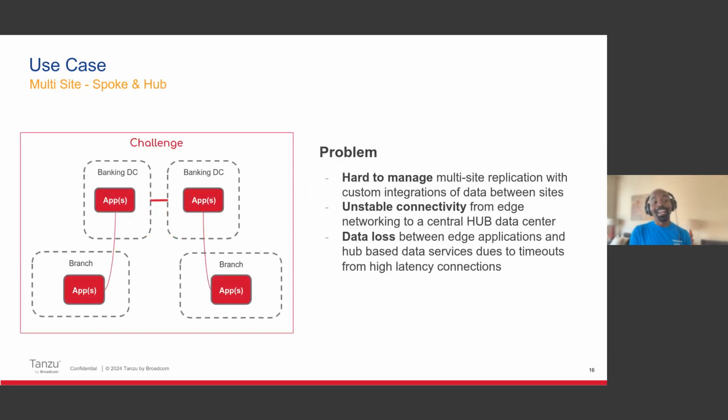All right. Now, this scenario speaks to a situation where maybe you have a local edge location. Think about integrating data between apps at a local branch that often need to share some subset of the data to some hub data center.